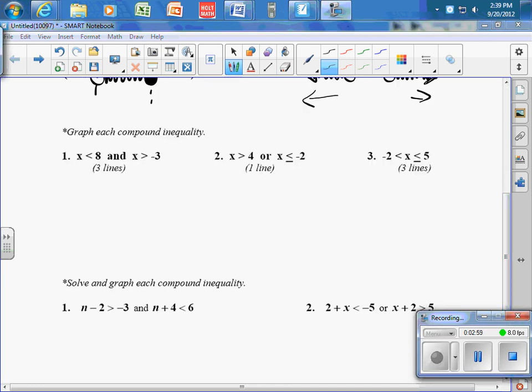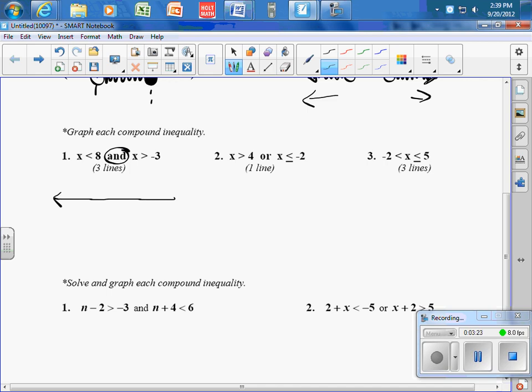All right, so let's graph number one. X is less than 8 and x is greater than -3. While we're doing this, think about a number that is both less than 8 and at the same time greater than -3. And the operative word here is and. Typically, what we want to do for a compound and is make three number lines, one on top of the other, and all three of them will be labeled the same way.